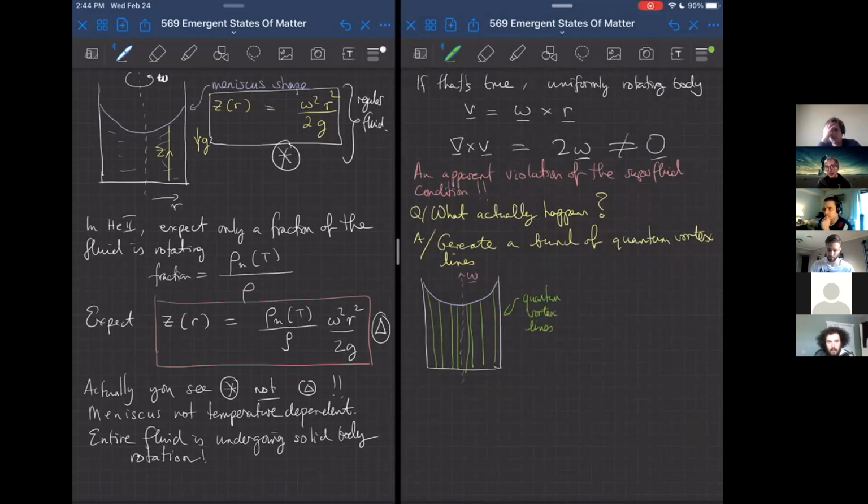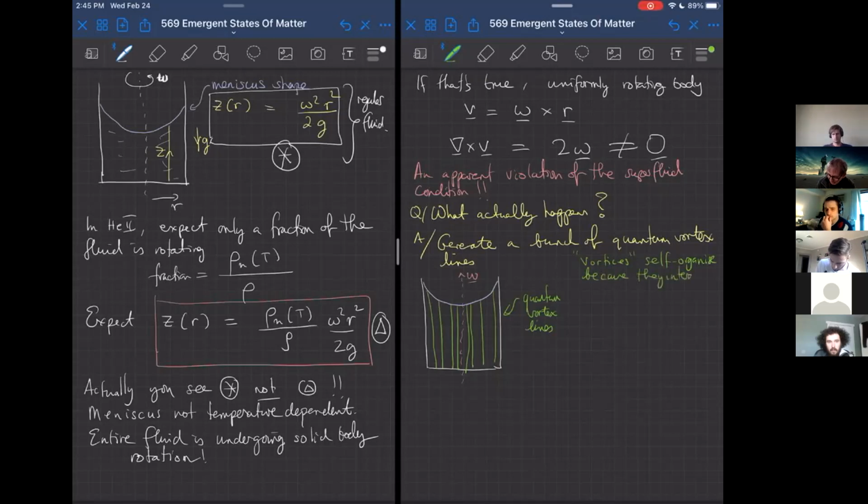And these quantum vortex lines, as I'm going to show you, self-organize, and actually they form a more or less crystalline array. So these vortices, as we call them, self-organize, because they interact.